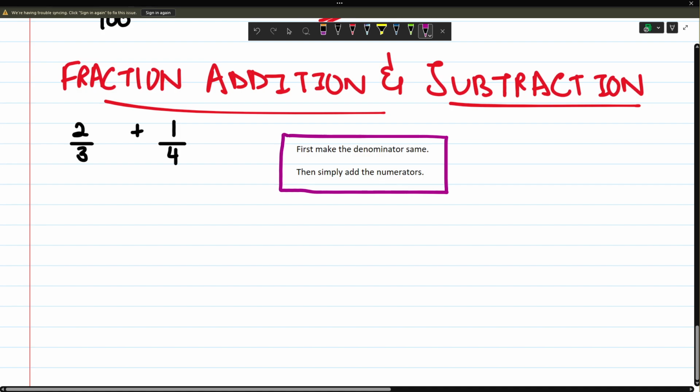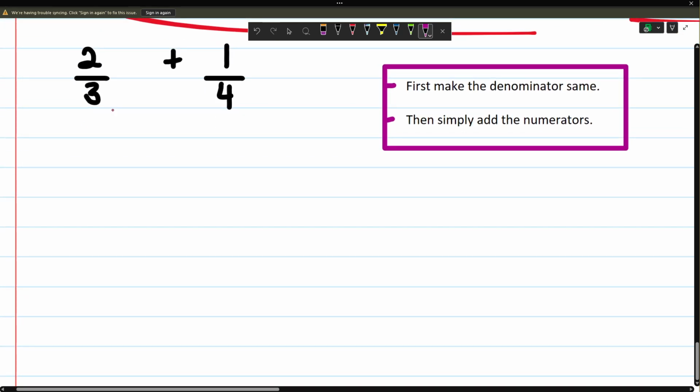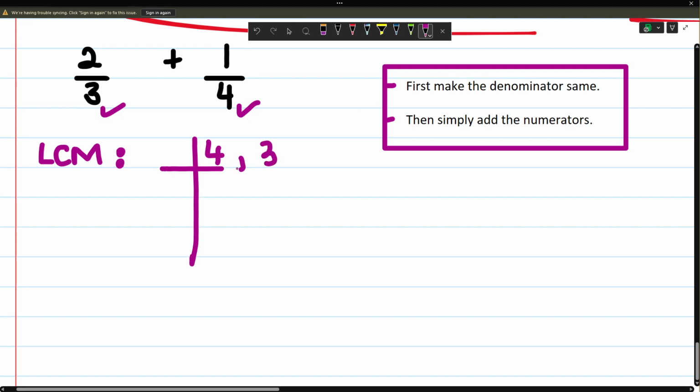So we are going to follow these two simple rules, right? First we got to make the denominators same. As you can see, the denominators are not same. We will take the LCM. We are going to take a simple LCM. First we start with the smallest number, which is 2.